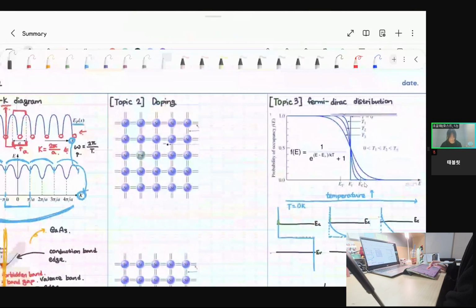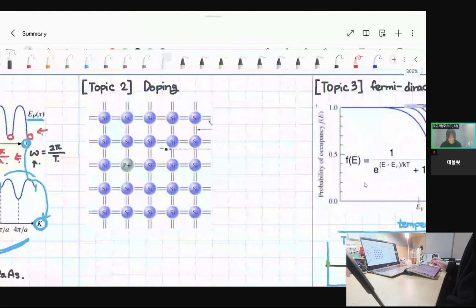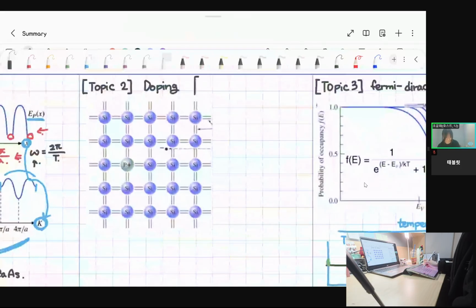And let's learn about doping. Doping has two cases, donor doping and acceptor doping. The same thing is that by giving some impurity, we can get more current flow than in an intrinsic semiconductor.